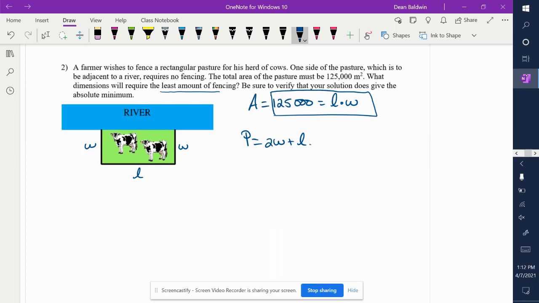I use the first equation here, and I go 125,000 divided by W equals L. And that means I can then take this and put it right there to get our new equation.